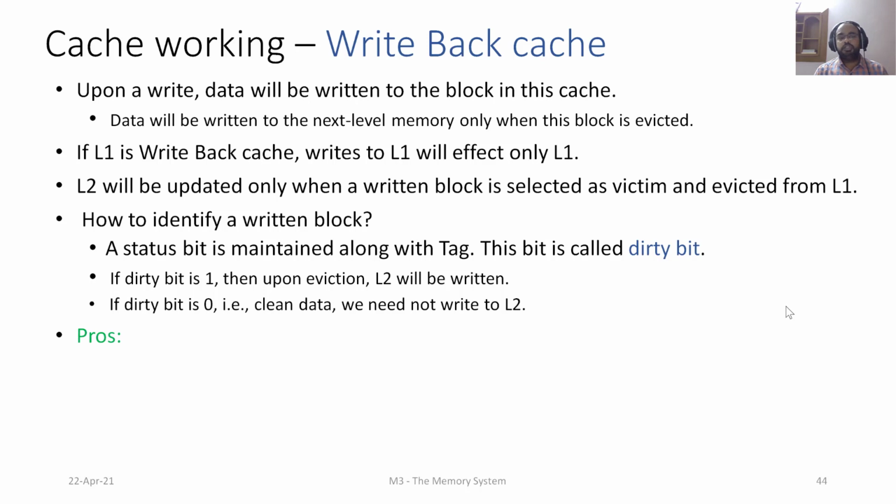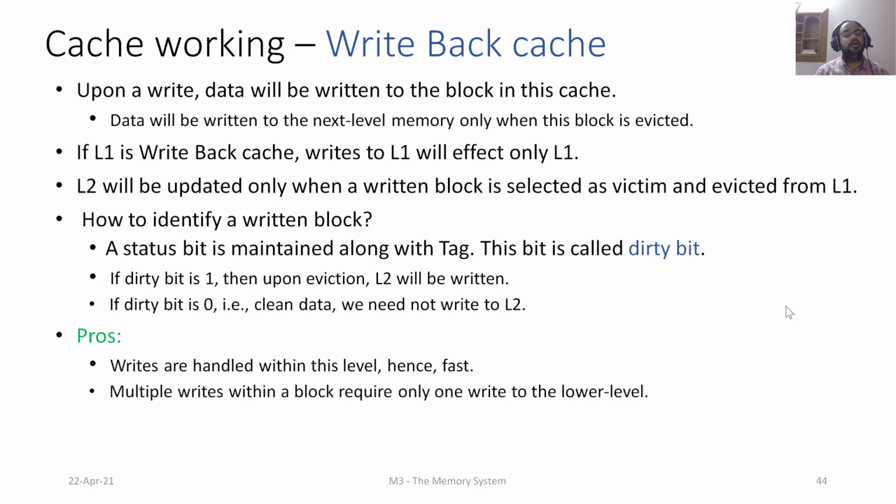What are the positives of this write back cache? Writes are handled within this level, hence they are in general very fast. Multiple writes to the same block will be absorbed by that block in that level. We will not generate multiple write requests to the next level. So let's say for some particular block there are 10 write requests, all of them will be handled by L1, and only when this block is evicted, the L2 will be written.